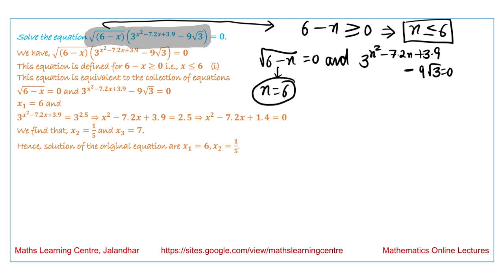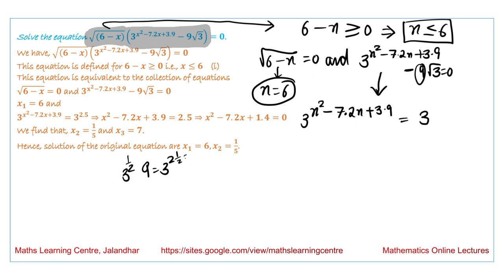And if we solve the other part, this is equivalent to 3 raised to the power x square minus 7.2x plus 3.9 is equal to 3 raised to the power, this 9 we can write as 3 square, and if we multiply it with 3 raised to the power 1 by 2, the power will become 5 by 2, that is 2.5.